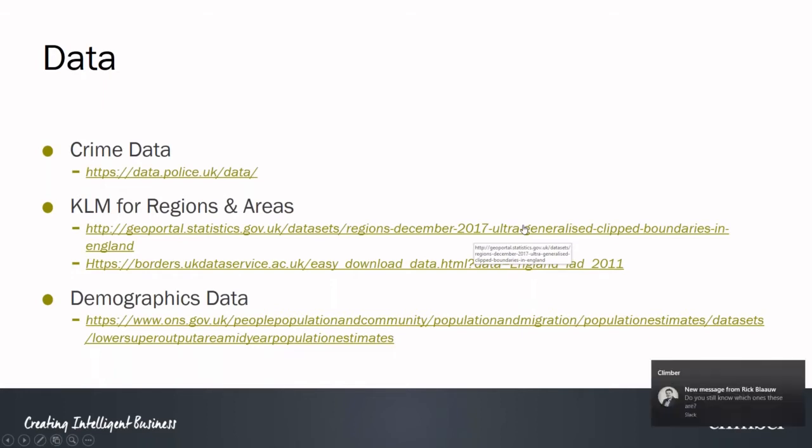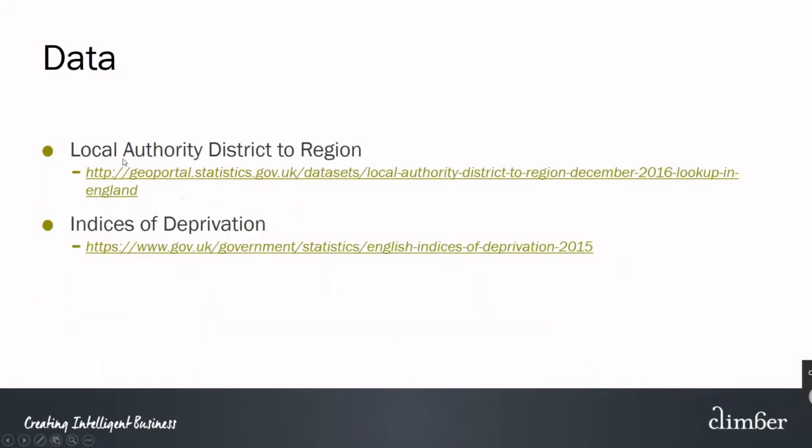Then we have all the other data, like demographic, local authority and index of deprivation. This is all official data from the government, so it's all available to use. You can go to these links and just download it.